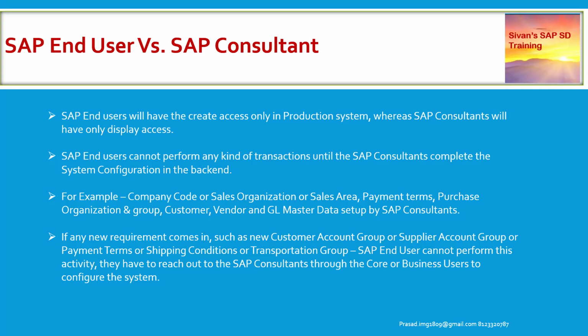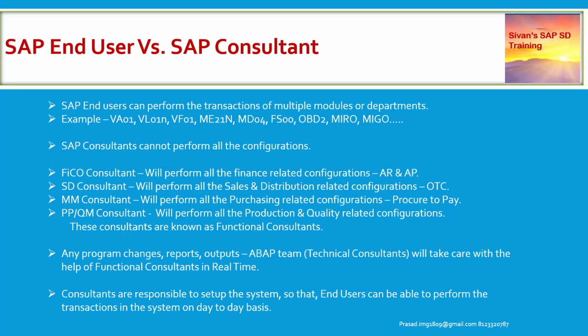Once they complete it, only then will we move the changes to the production system. The moment the changes are moved to the production system, from then onwards, the SAP end users can create the transactions related to that particular change. So this is about the differences between SAP end users and SAP consultants.